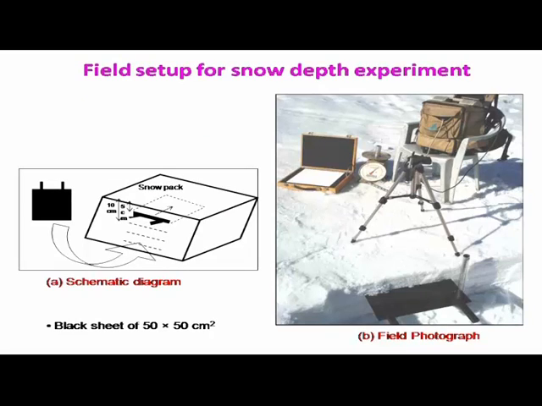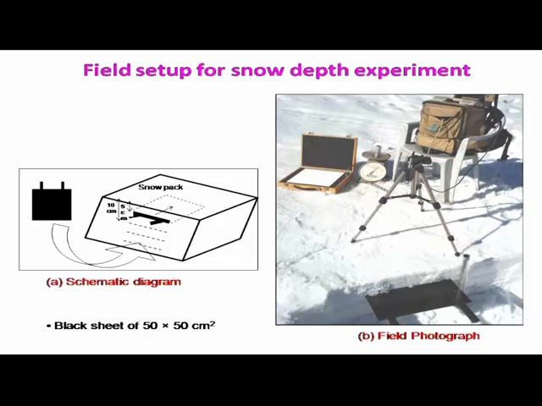Another experiment we conducted was for the snow depth, to find the effect of the snow depth on the snow reflectance. For that, we conducted the experiment by taking a black sheet, inserting it in the snow pack, and observing the reflectance.